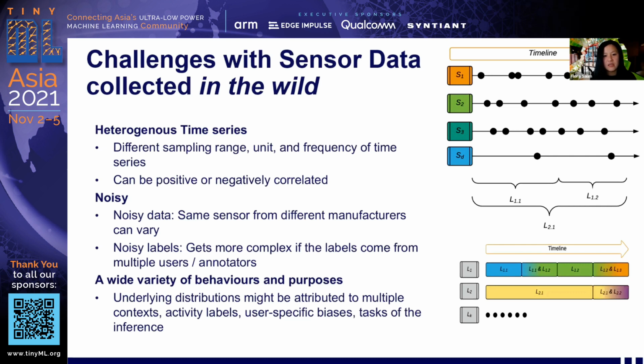Sometimes the changes in one channel may not correspond to the changes in other channels. And there's a lot of bias in the distribution across different contexts and activity labels. Somebody might be doing multiple activities, so one particular sensor may correspond to a physical movement, whereas another may correspond more to an online or cyber behavior.